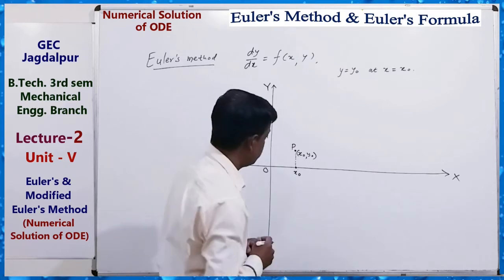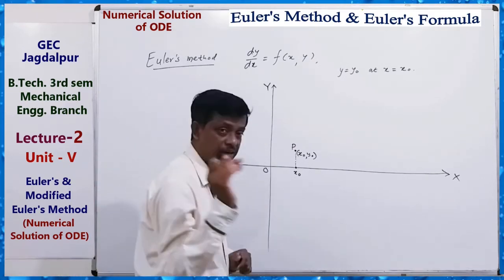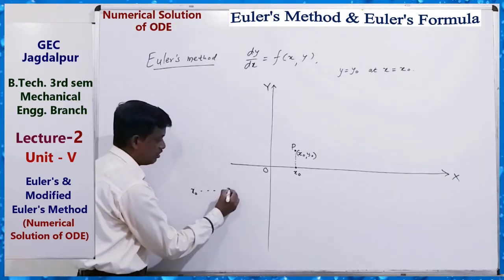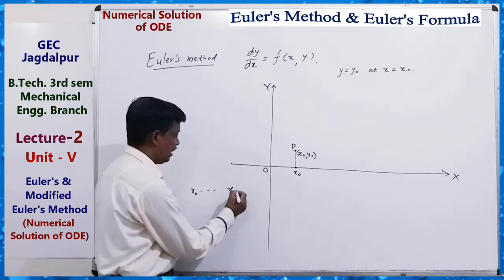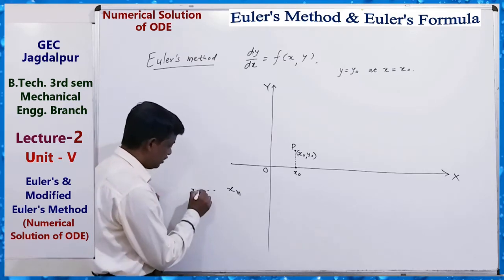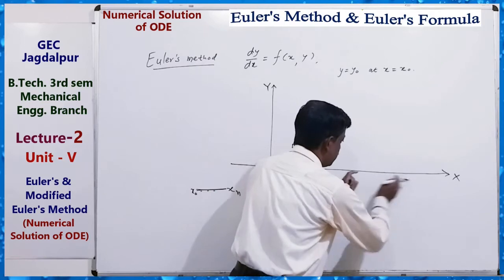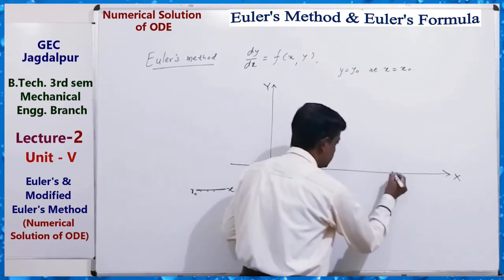The initial value is x0 and our targeted value is, suppose, xn, anywhere on this line.